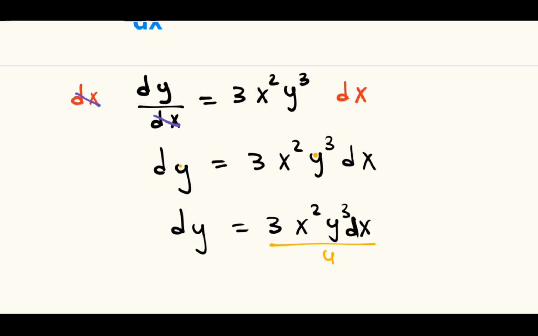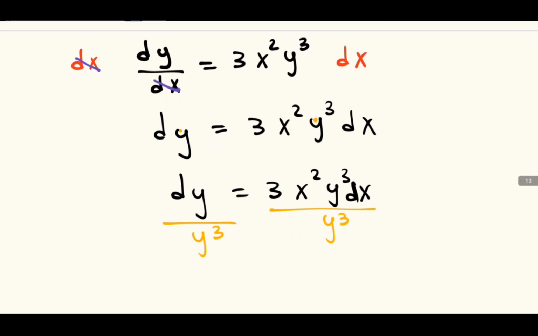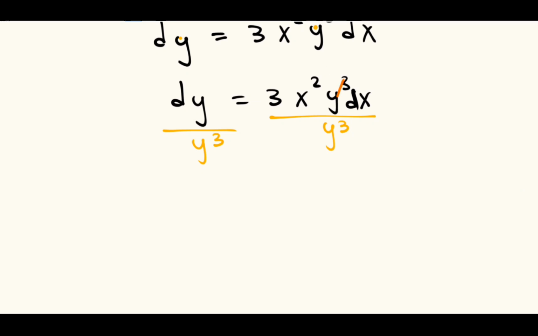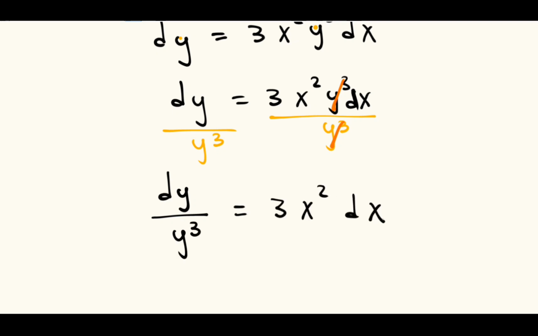We divide both sides of this equation by y to the power 3. And that y to the power 3 and that y to the power 3 will cancel out each other. And dy over y to the power 3 will be equals to 3x squared multiplied by dx.